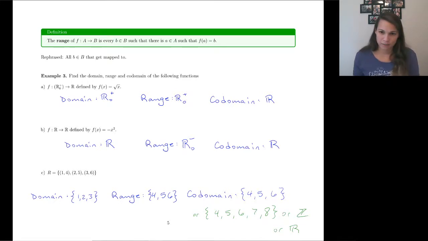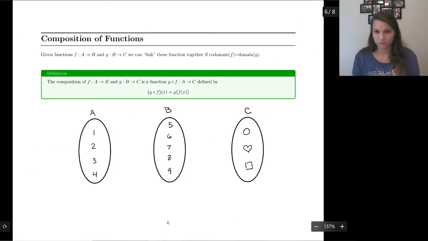I know we already talked about composition of relations, but we're going to do it again for composition of functions, just to make sure that we're all super on the same page. So composition of functions, we've got a function going from A to B, and we have a function going from B to C, and we can link these two functions together using composition.